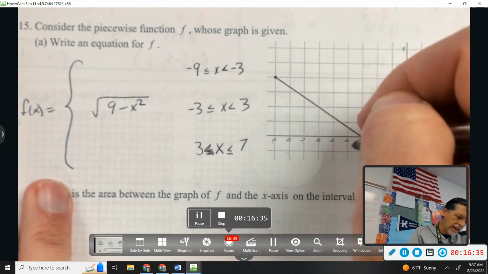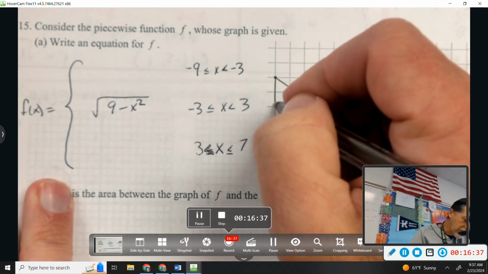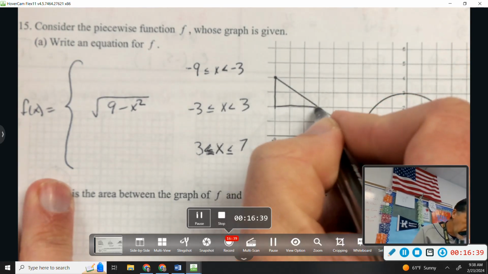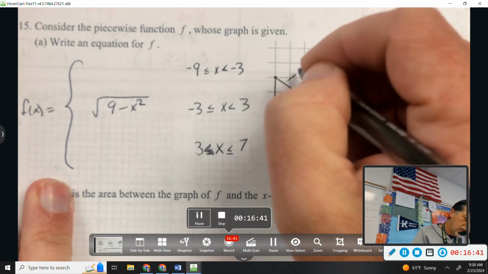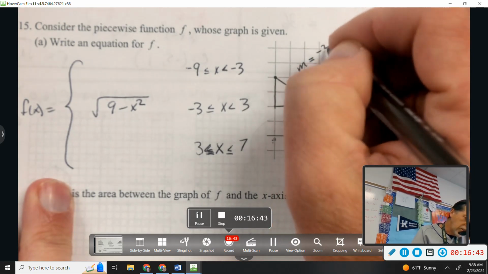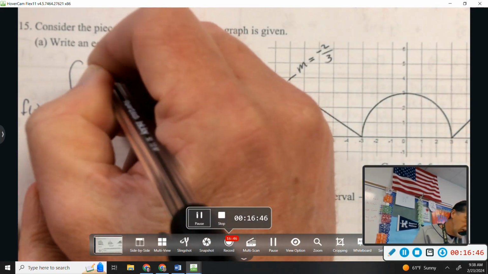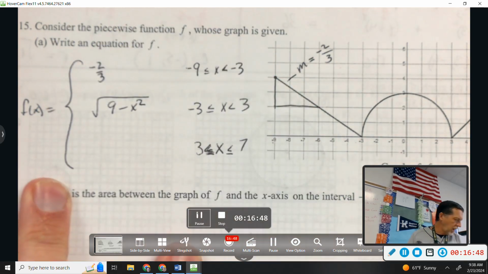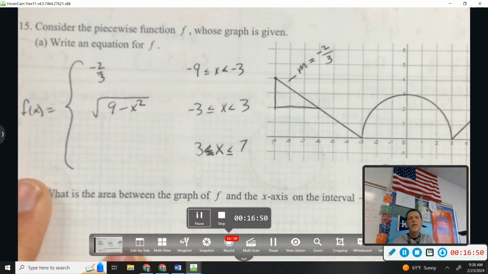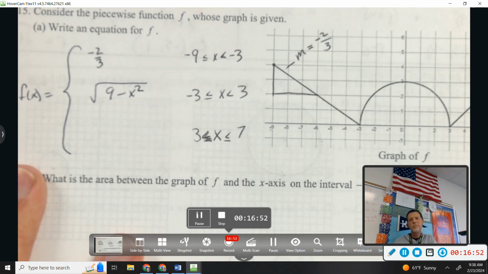This line, let's see, what do we have for a slope here? -2/3. So -2/3 x. And then, what do you think? I need b.